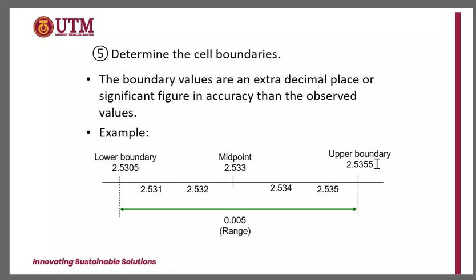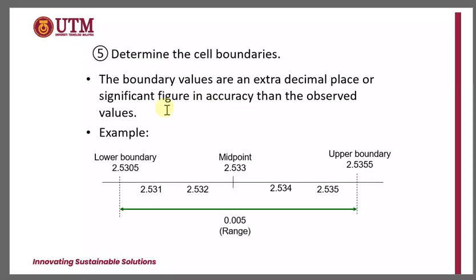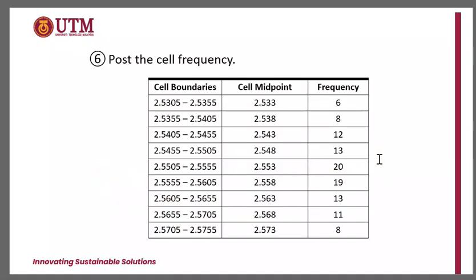So this lower boundary and this upper boundary will be our first class in the frequency table, as it's shown here. This is lower and this is upper, so we have the first class.